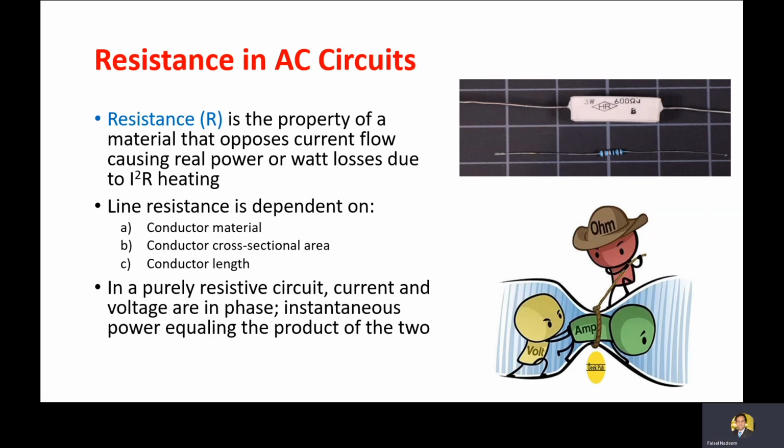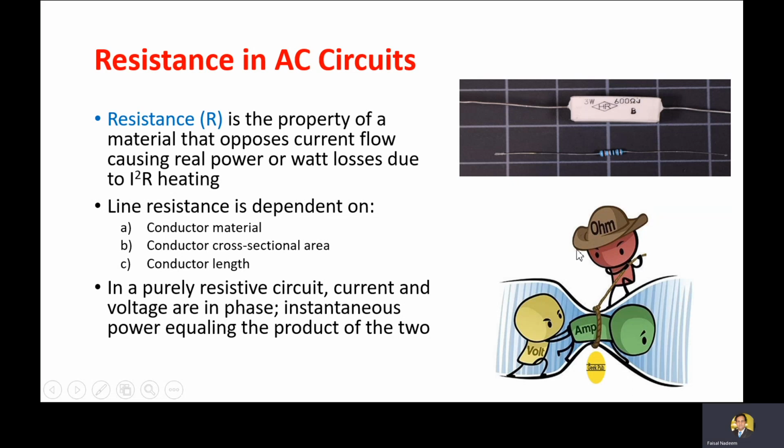Now we will discuss a bit more detailed explanation about these parameters of the transmission line. First of all, resistance. Resistance is a property of a material that opposes current flow, causing real power or watt losses due to I square heating. So here this figure clearly indicates how this resistance, which is measured in ohm, is actually opposing or hindering the path of the current flow.